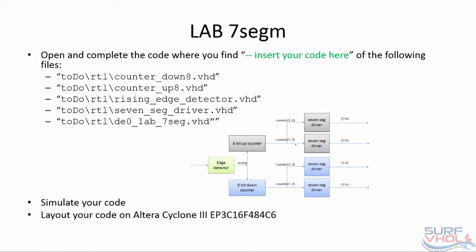To complete the 7-segment lab, you have to go into the folder RTL and complete the files where you find "insert your code here". You have to complete the down counter, up counter, rising edge detector, 7-segment driver, and the top level.